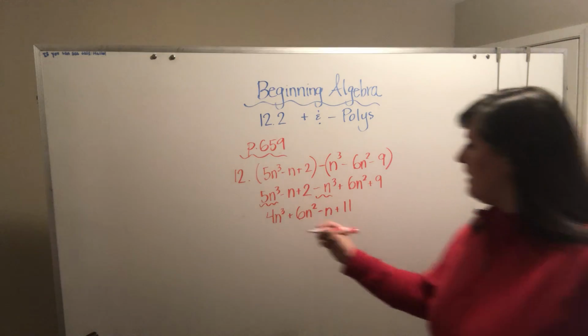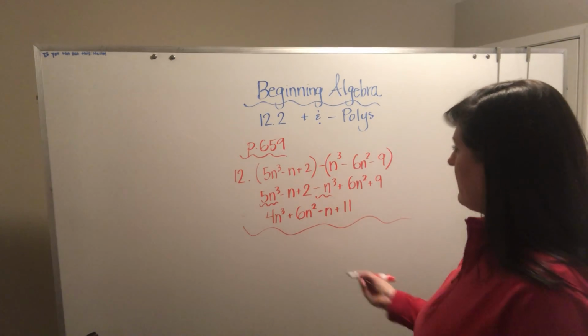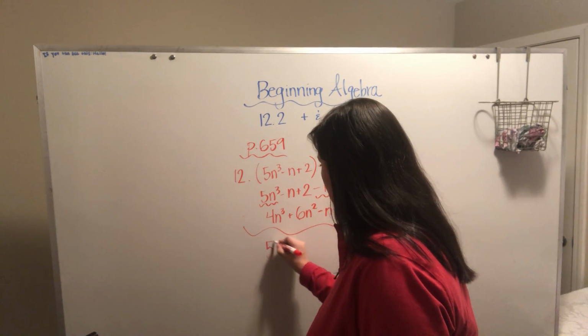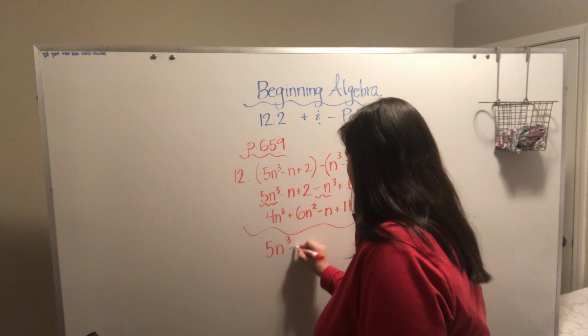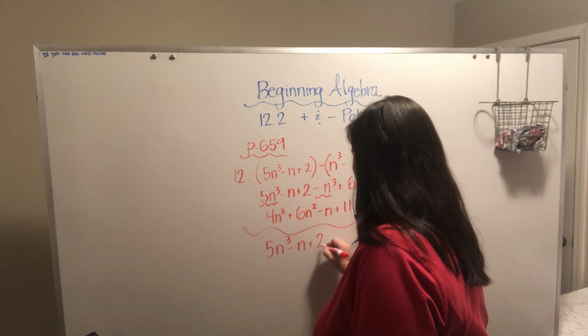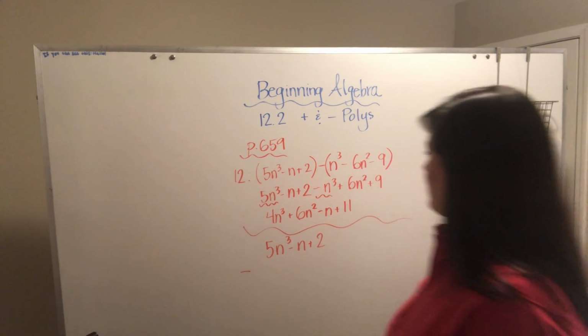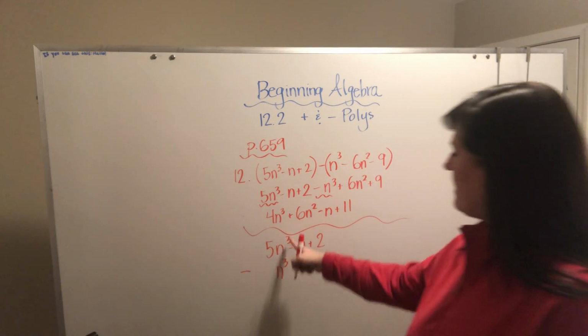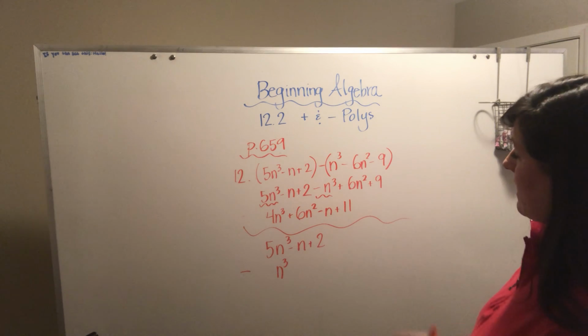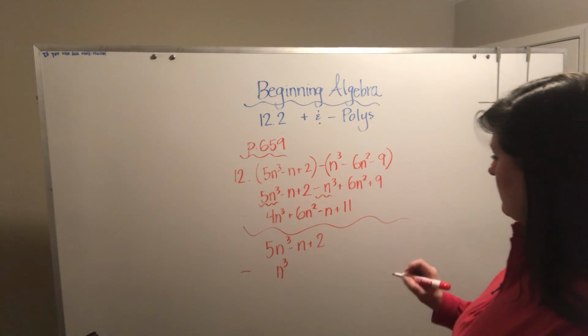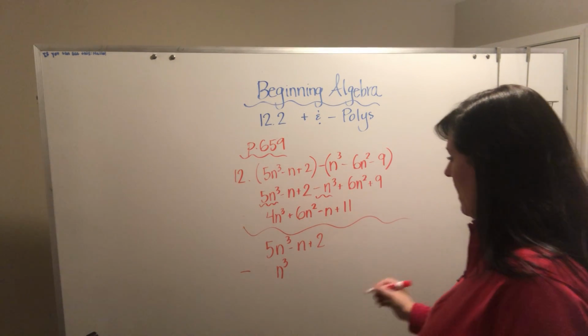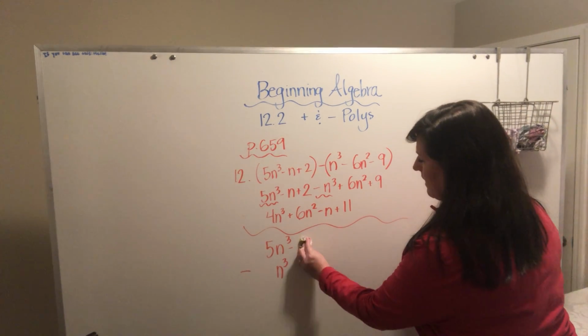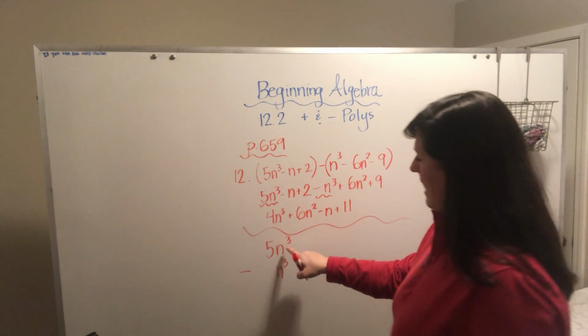Now, let's look at that in the vertical method just to see how it checks out. 5n cubed minus n plus 2. I subtract n cubed. So I put it there, okay? Now the trick is I've got 6n squared. I'm going to go ahead and leave a space here because I have n cubed.